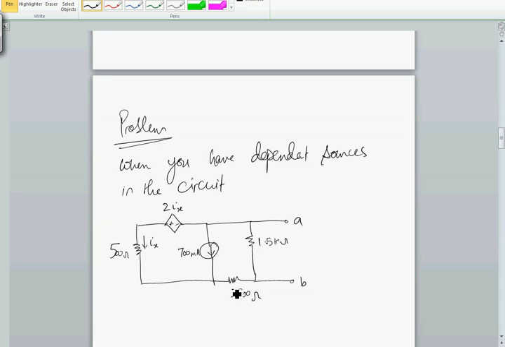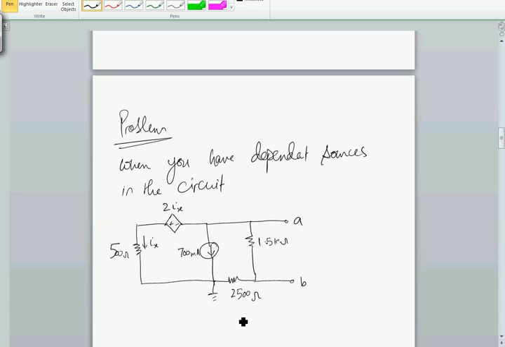Since the 2500 ohm resistor is connected here, we don't have a common node at the bottom. That means we cannot really take a common ground. Either you have to take ground over here or somewhere else. I'm just gonna go ahead and take the ground at the bottom of the current source. That means my B terminal is not grounded.